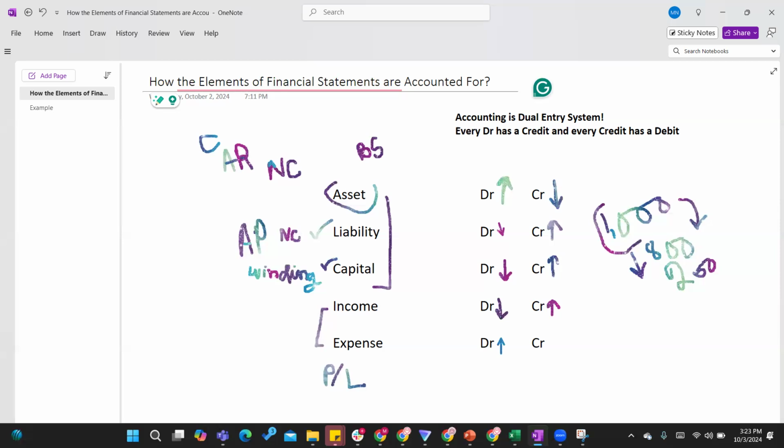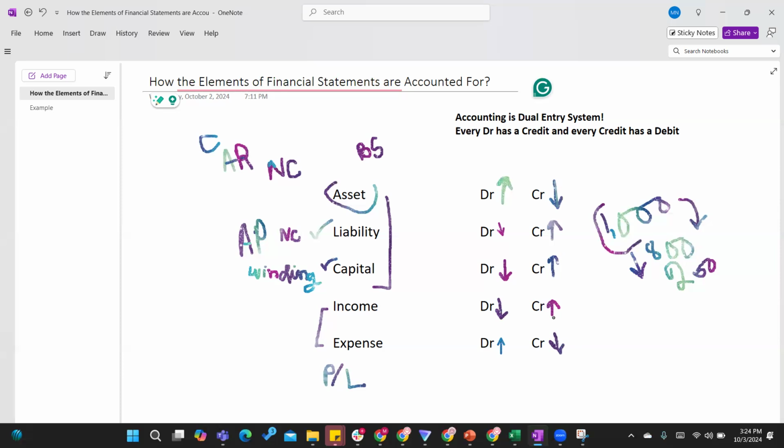So if we debit when the income is decreasing, then we'll debit the expense when it's increasing. So a total opposite. You can remember it that way, and you don't have to think a lot about the debit and credit and the increase and decrease, because it's an objective thing. It's not subjective. It's an objective rule that you just need to keep in mind and not overthink.